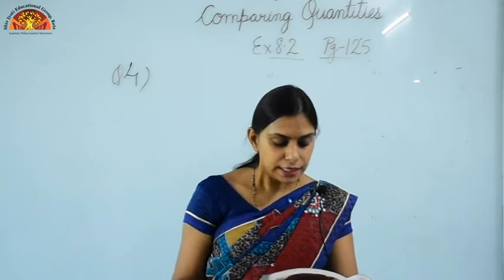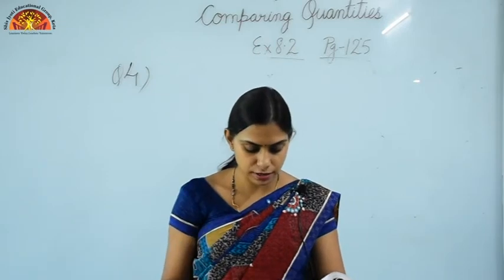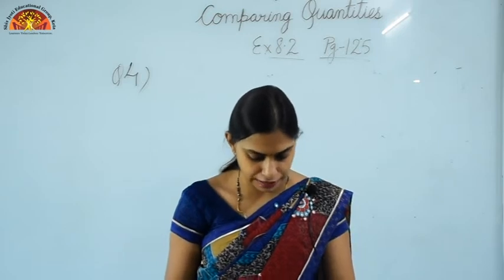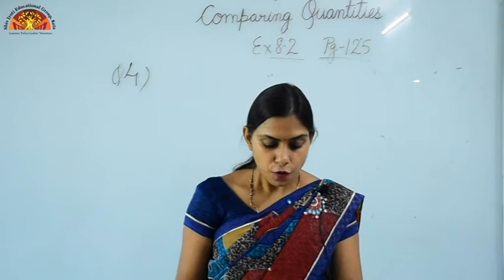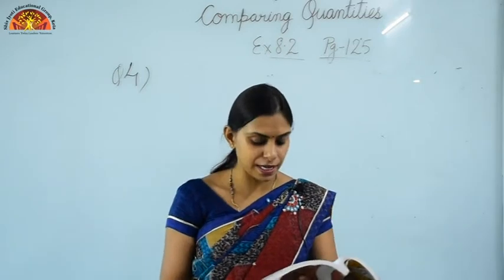What was the cost? That is 15,500, and the money spent on repair was rupees 450. If it is sold for a profit of 15%, find the selling price of the article. You have to find the selling price of the article.